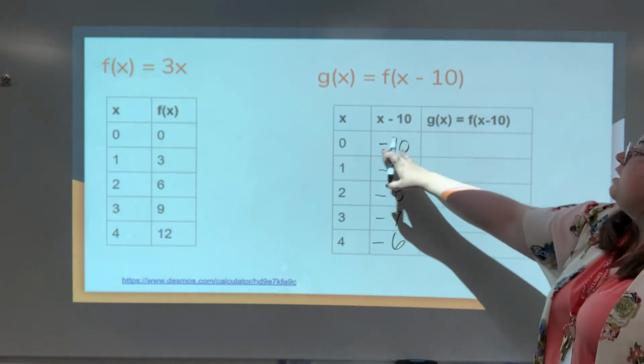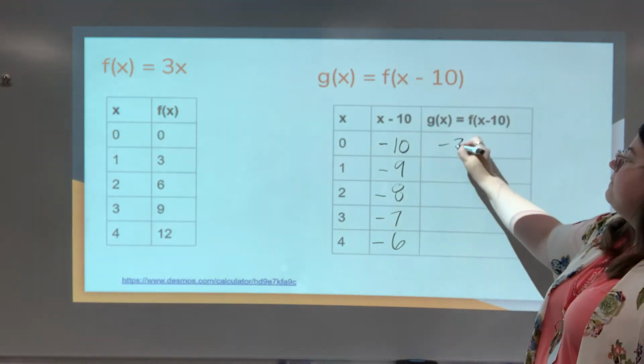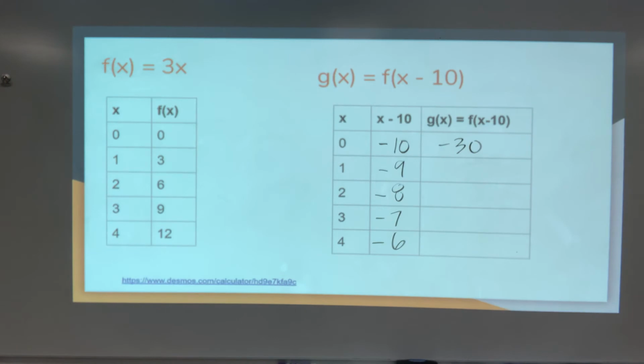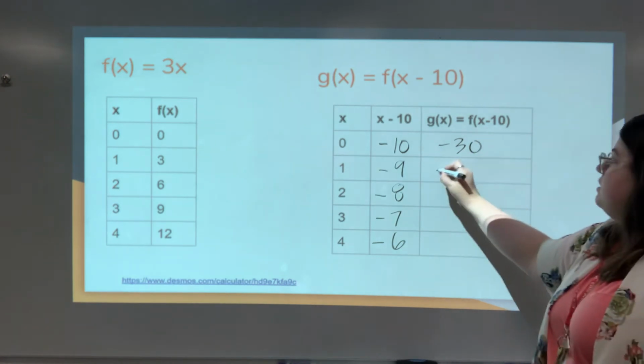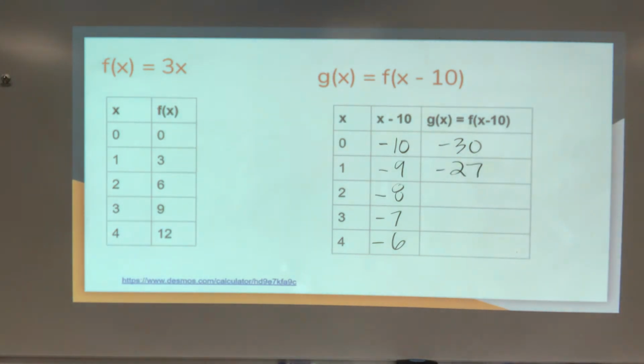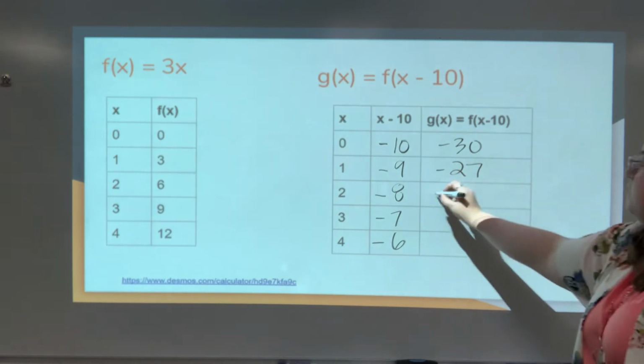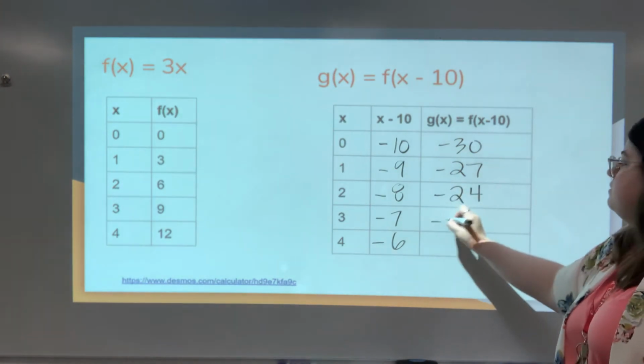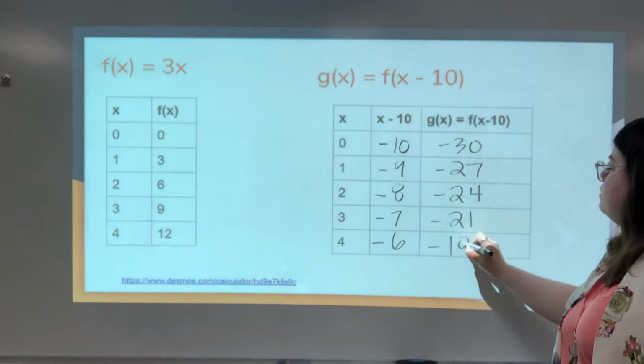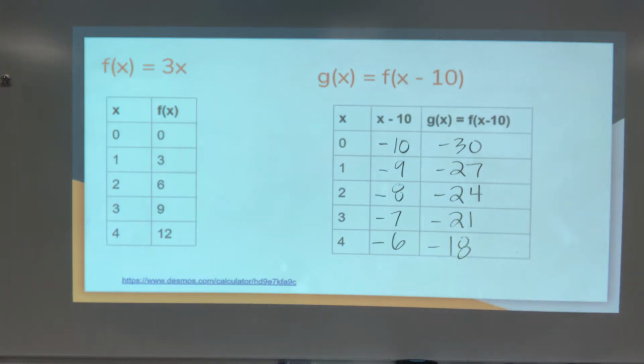Okay, so negative 10 multiplied by 3, negative 30, negative 9 multiplied by 3, negative 27. Okay, you see where I'm going with this? All right, so that change was done before we even multiplied by 3.